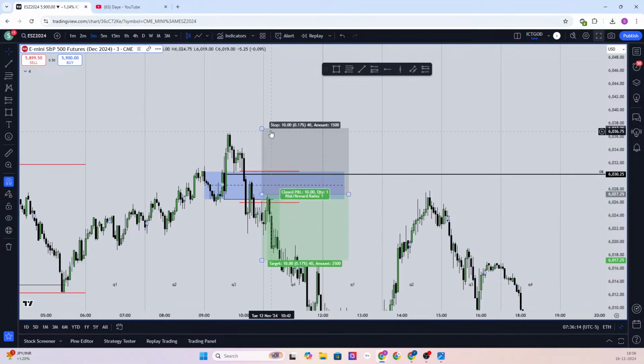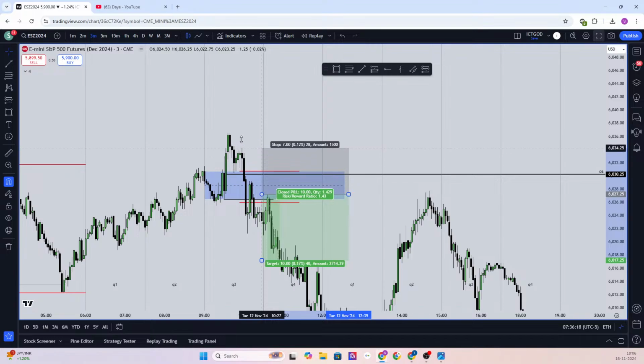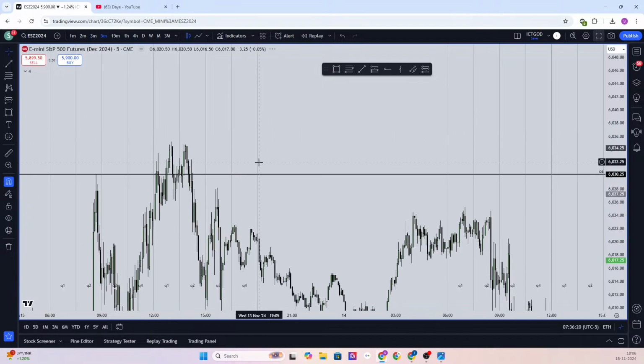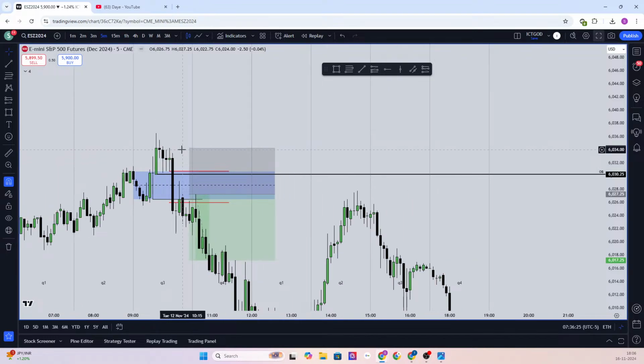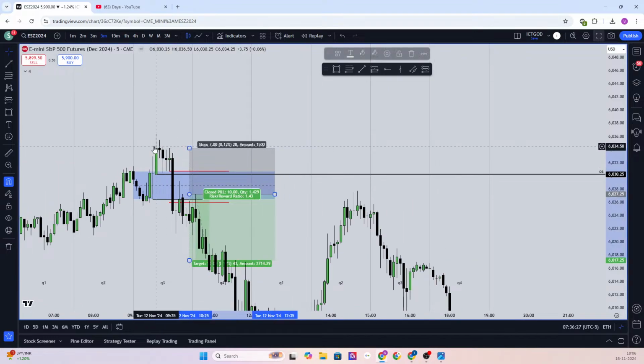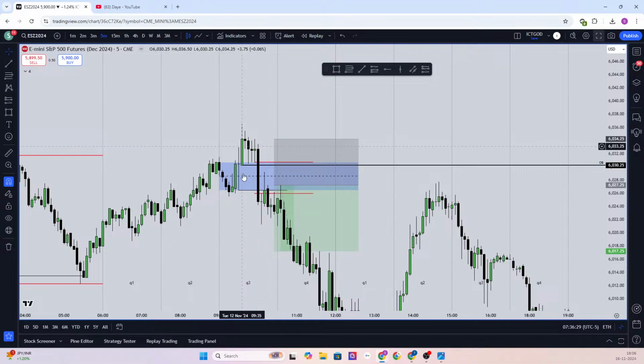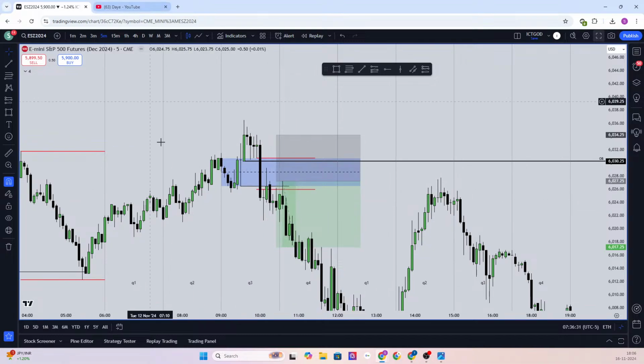And I think I would have kept my stop loss somewhere at this. I wouldn't keep it at the all high. Somewhere at the close of this candle, I would have kept it.